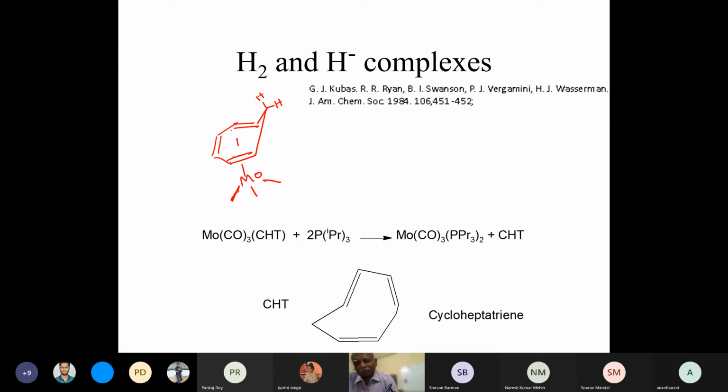Remember, just a line in organometallic chemistry stands for a carbonyl ligand, just like a line in organic chemistry would be a methyl group. So here we have 3 carbonyls and 1 cycloheptatriene. And when it is treated with triphenyl phosphine, there is a displacement reaction. This ligand comes out. Now this is a 5-coordinate system.